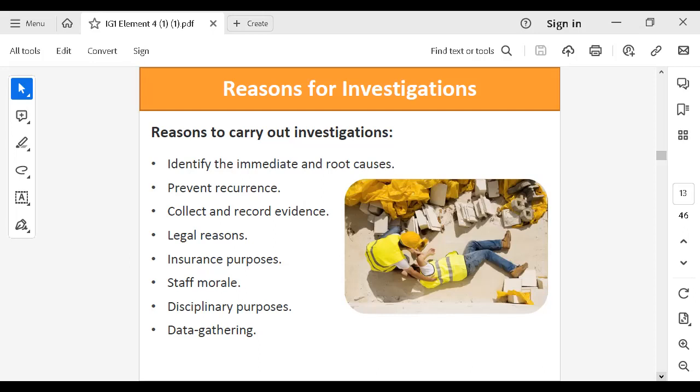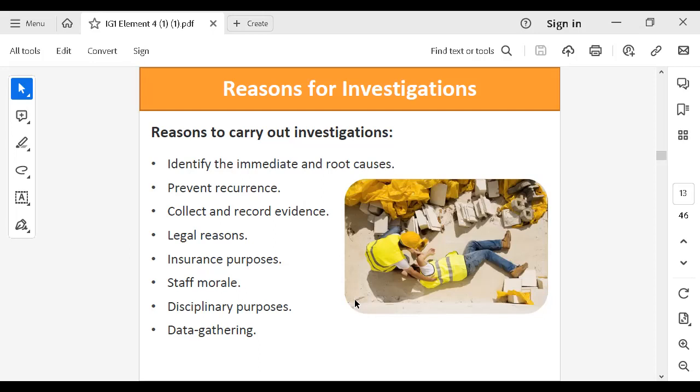And the other reasons: to prevent recurrence of this incident in the future, and to collect and record the evidence, because we need to collect the data, as we will forget it. If we record that data, we can use it in future, and these are legal requirements to investigate incidents. We also need this for insurance purposes.